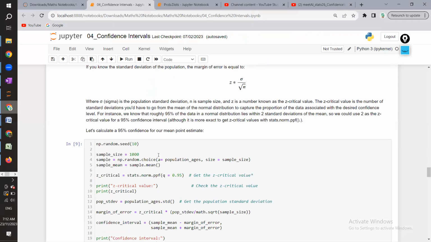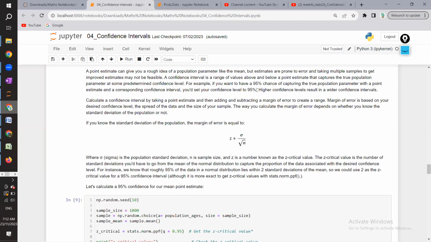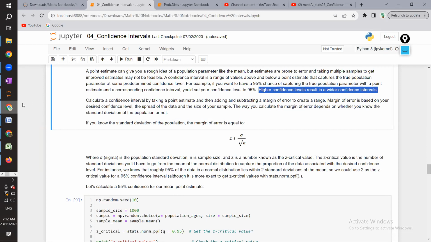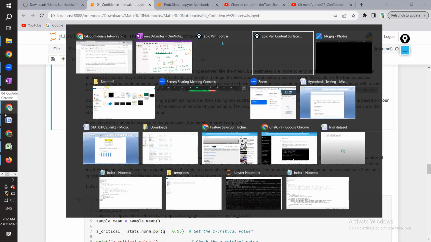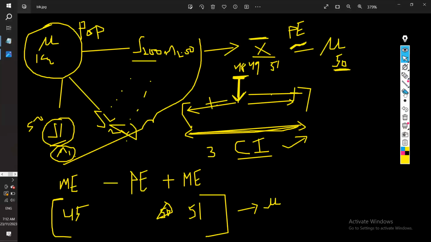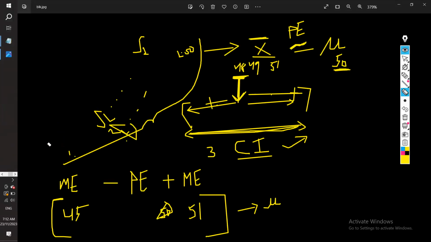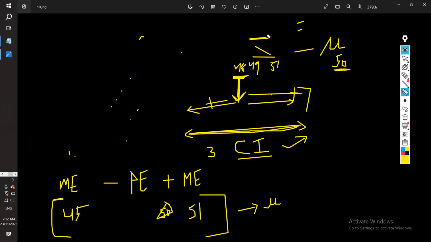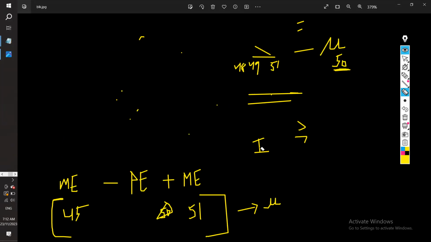I'm repeating it multiple times because this is very important: a higher confidence level results in a wider confidence interval. So in our case also, let's say our point estimate is 48.